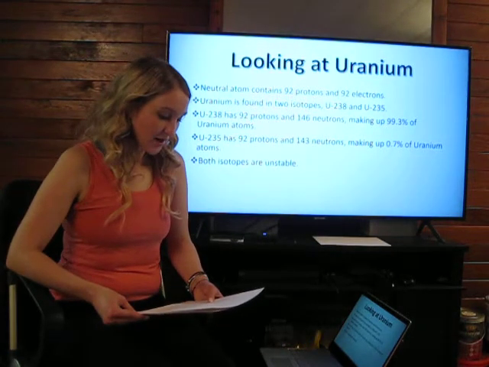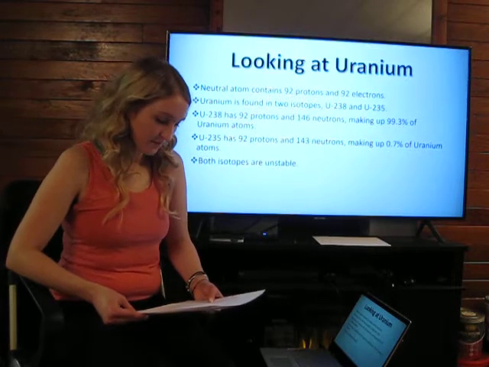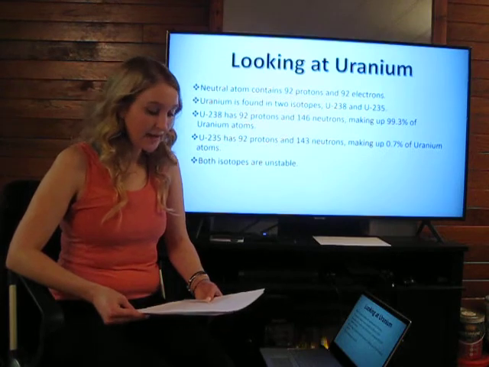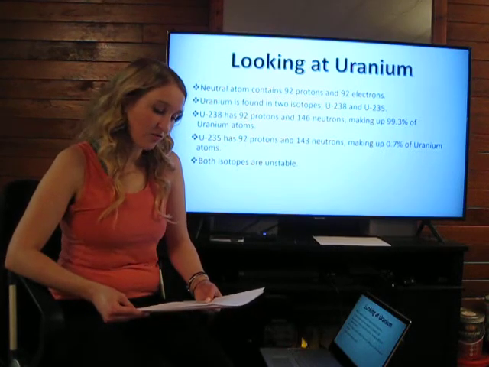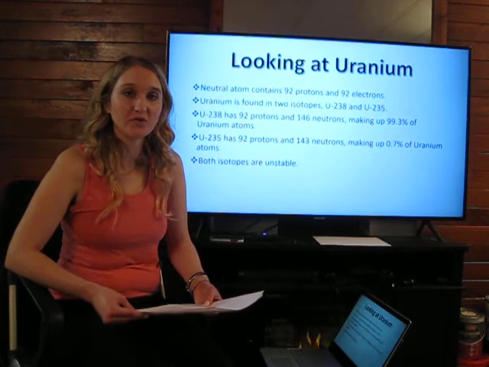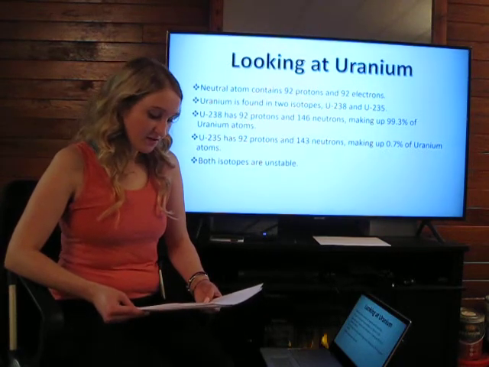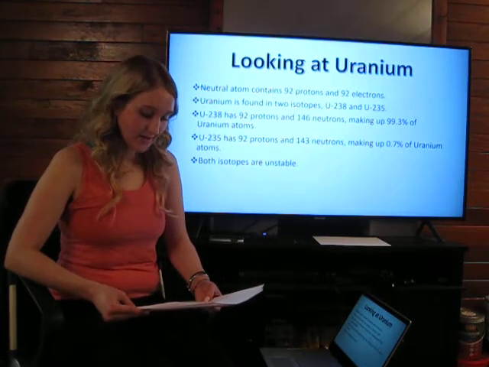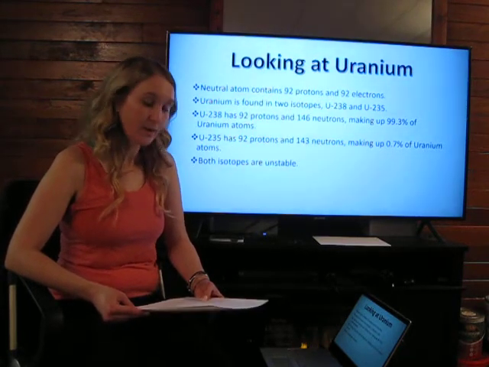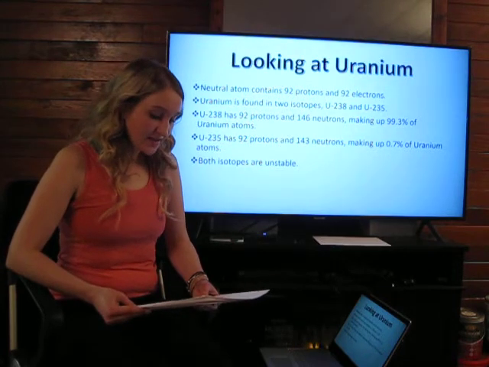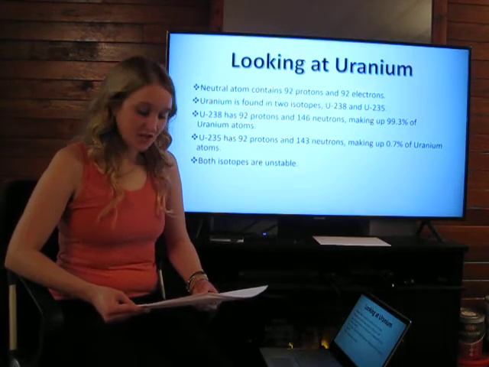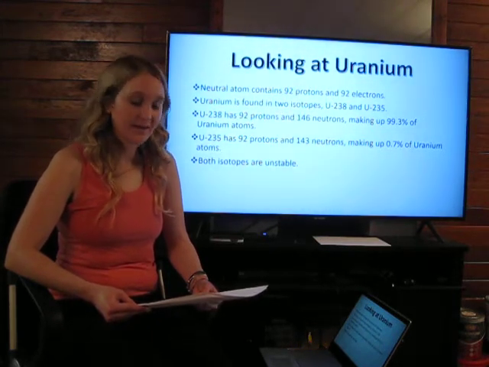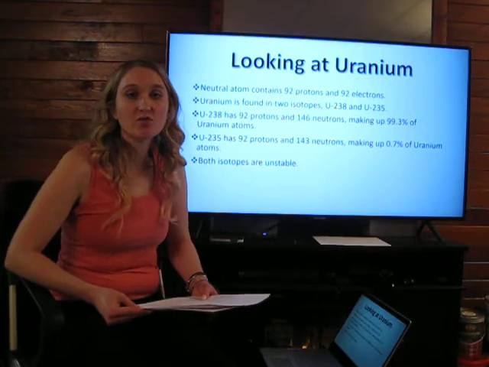In nature, uranium is found in two isotopes. 99.3% of uranium atoms contain 92 protons and 146 neutrons, making it uranium-238. 0.7% of uranium contains 143 neutrons and 92 protons, making it uranium-235. This is a less abundant isotope. These isotopes are unstable, meaning that they will undergo radioactive decay and change forms over time.